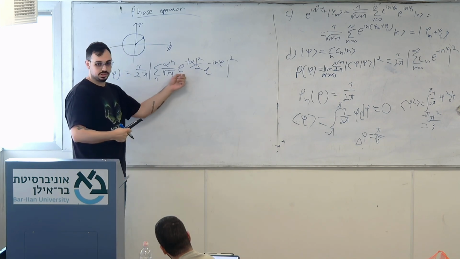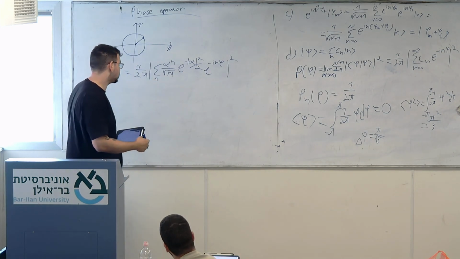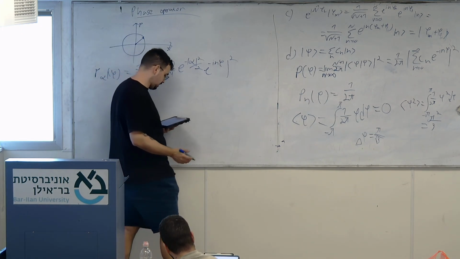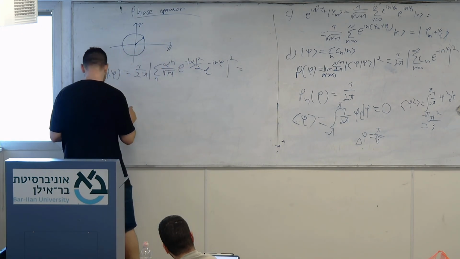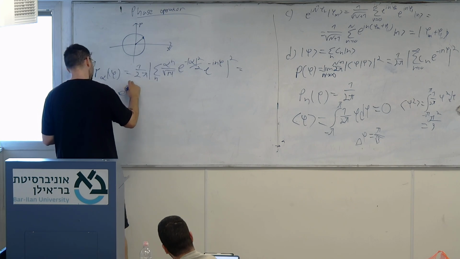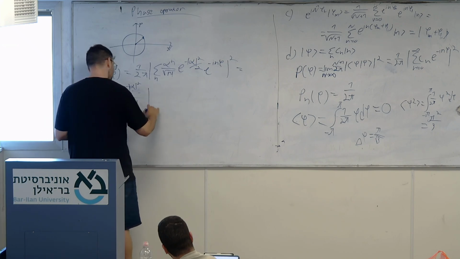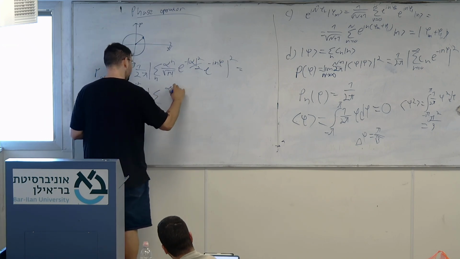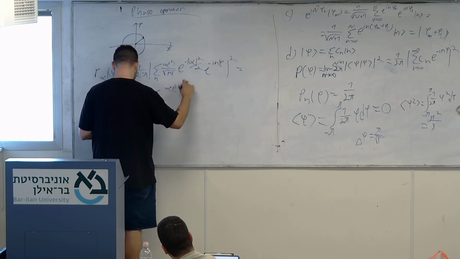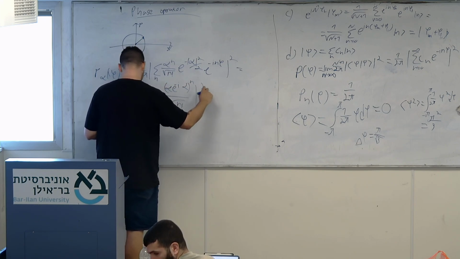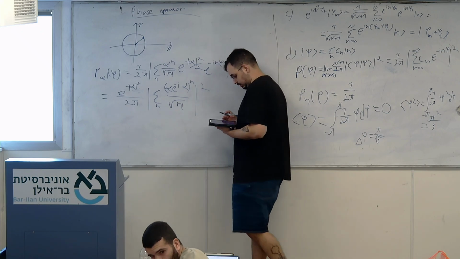You remember we found this in the last tutorial. This is the coefficient of the coherent state. So overall we get e to the minus alpha squared divided by 2 pi, absolute value of the sum over n of alpha e to the minus i phi to the power n over square root of n factorial, squared.